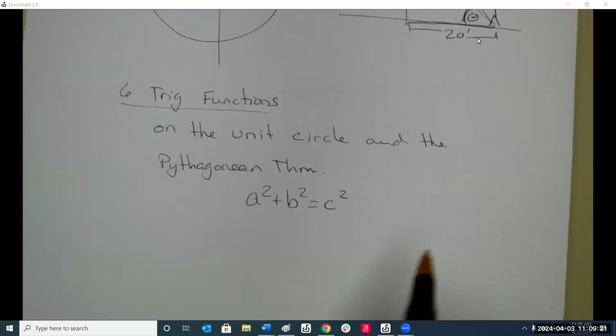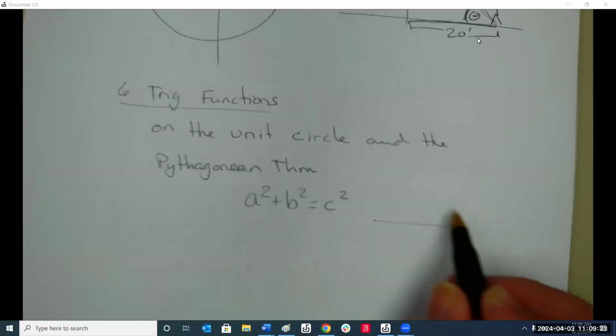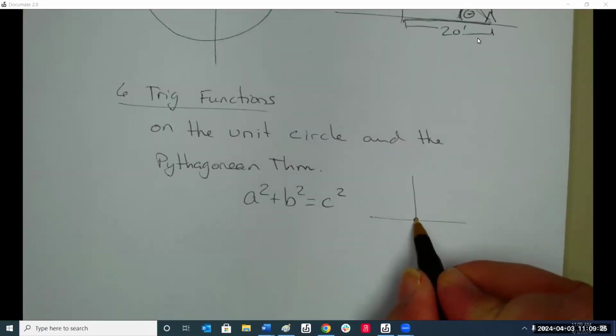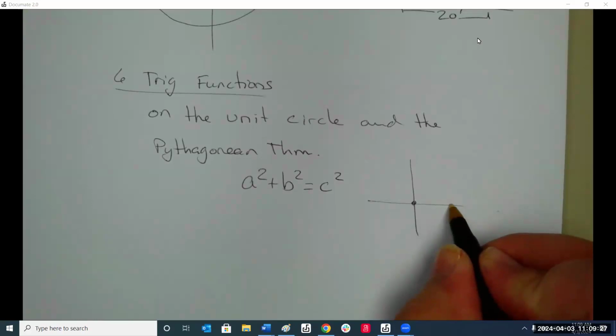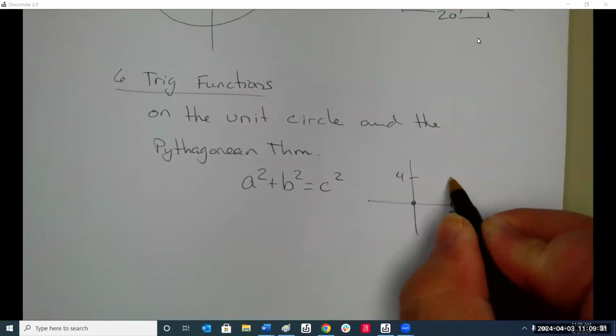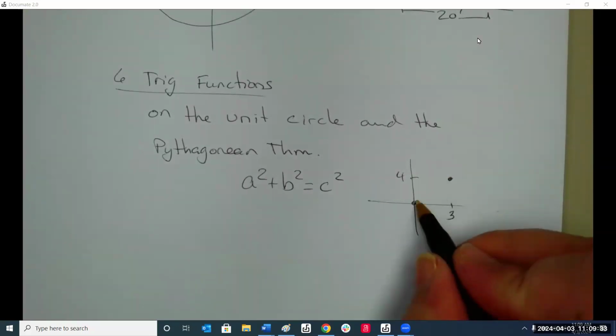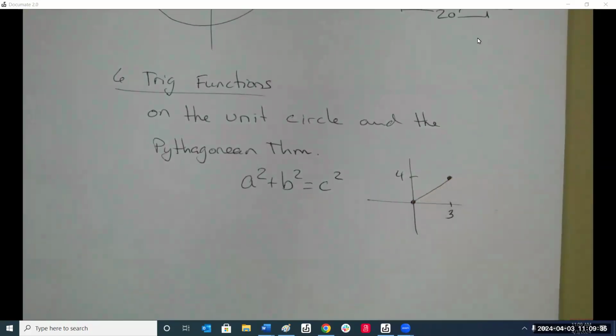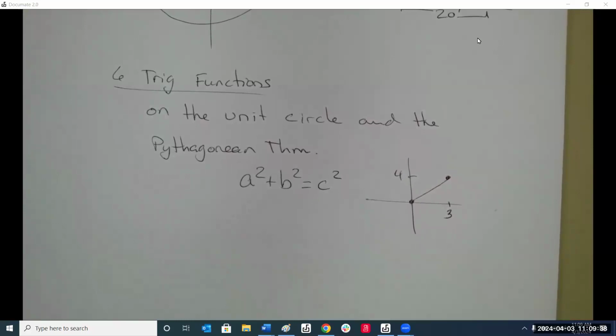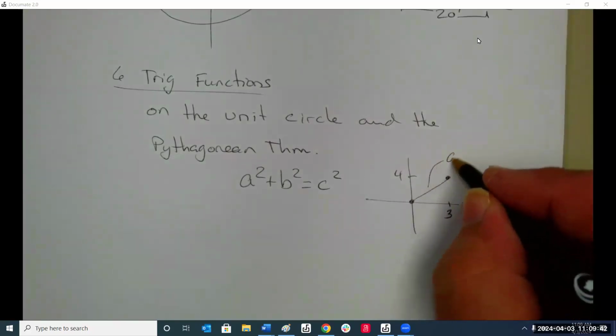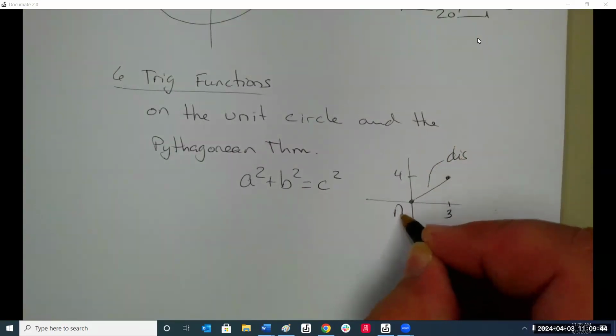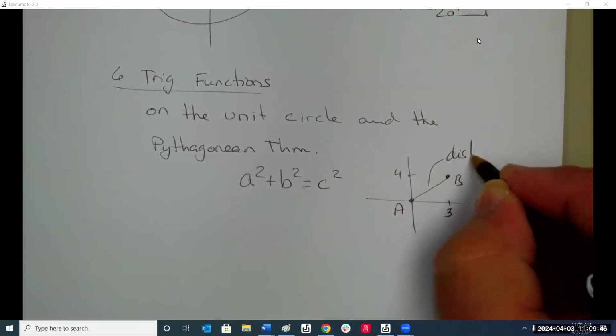For example, if I had a point at 0, 0, and another at 3, 4, how far are these points away from each other? What is the distance between point A and point B?